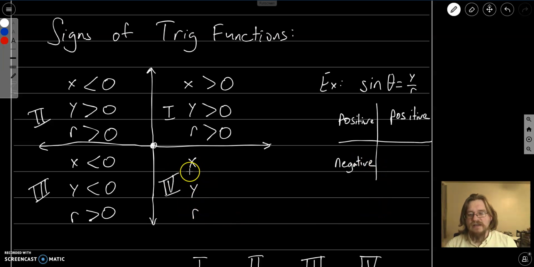And then lastly, we can come over here to quadrant 4, where we're going to be to the right. So this is going to be positive x. We're going to be down, which is going to have negative y values. And r, since it's a distance, is always positive. So when we come back up to sine, y divided by r, a negative number divided by a positive number is still negative.